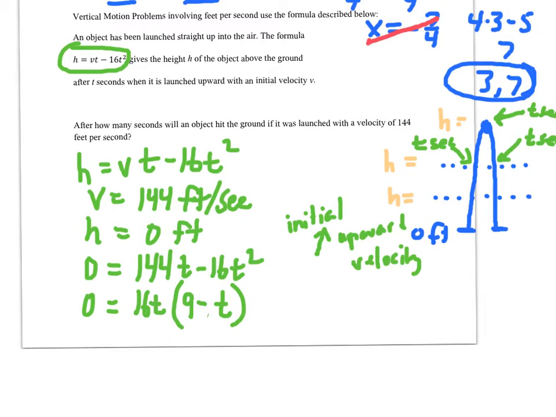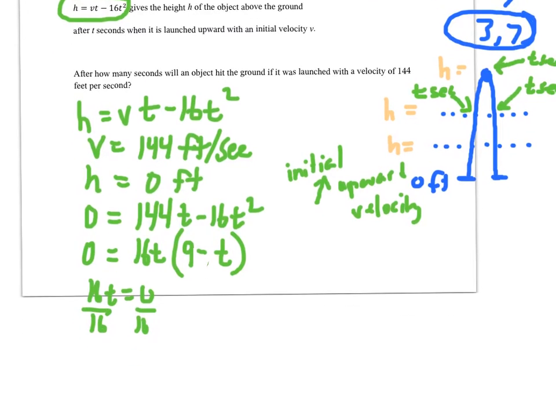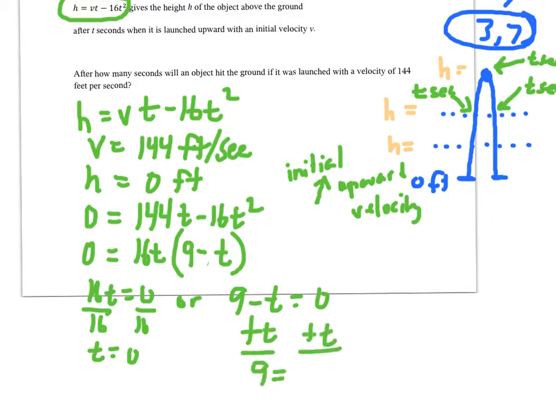And so my two factors are 16t equals 0, and that's the time when it's actually starting, so that's kind of irrelevant, so we don't worry about that. It is a solution, t equals 0, but the other one's the one that matters, 9 minus t equals 0. So I'm going to add t to both sides. I get t equals 9, and that's 9 seconds.